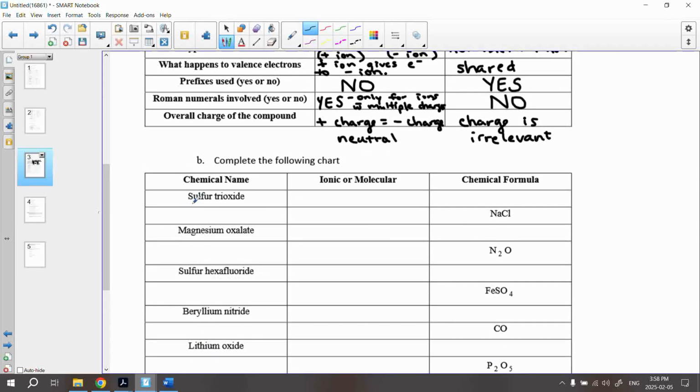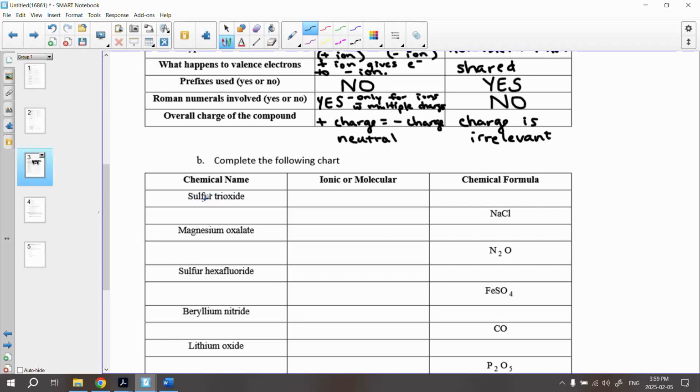Okay, now on to the chart. So when you're looking at compounds, you'll either be given the name or you'll be given the formula. And by looking at them, you have to decide, okay, am I dealing with an ionic substance or a molecular substance? Because that's going to dictate how you give the formula or how you make the name. So the main thing you're looking at is what types of atoms are involved.